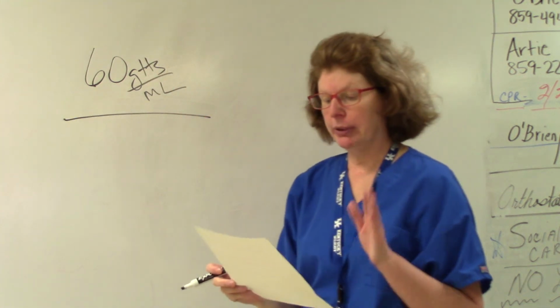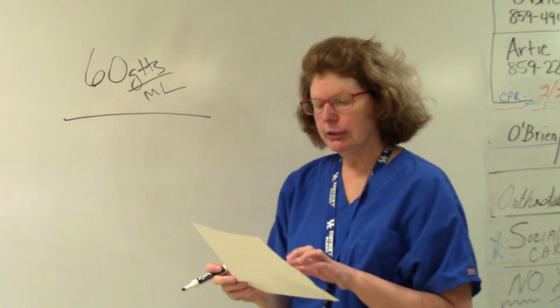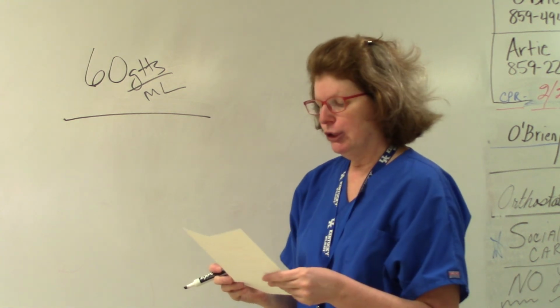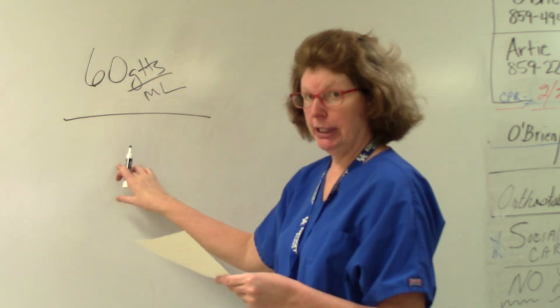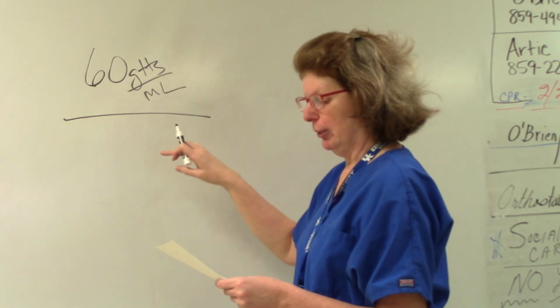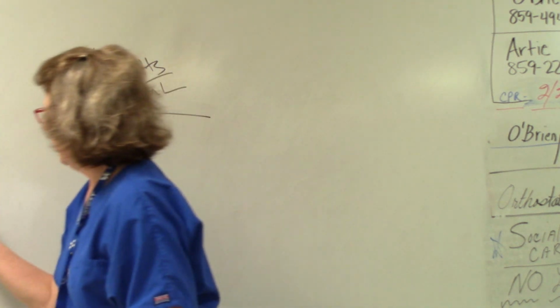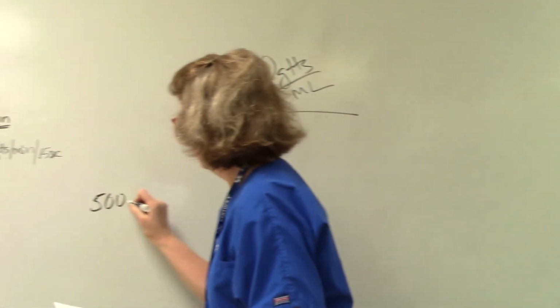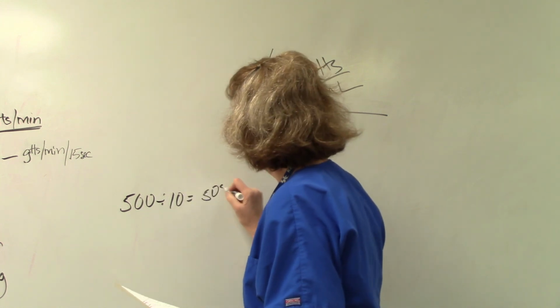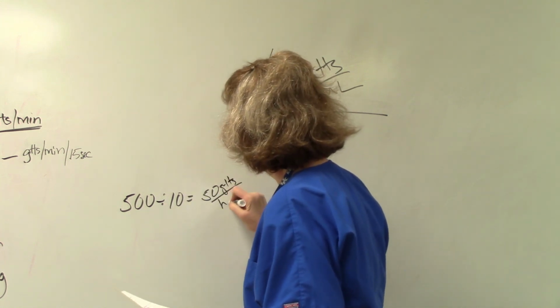My volume, in this one, we have 500 milliliters over 10 hours. So I could use 600 minutes and 500 milliliters, because that's how many minutes are in 10 hours. Or I can take my 500, divide by 10 hours, and I get 50 milliliters per hour.